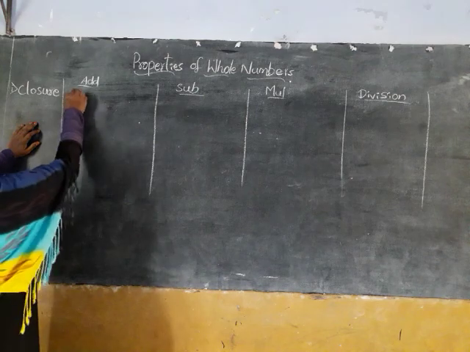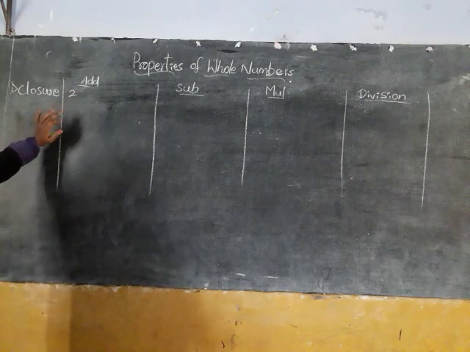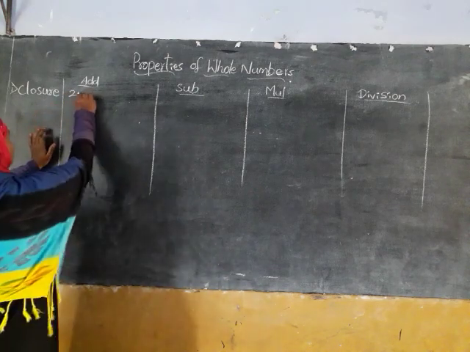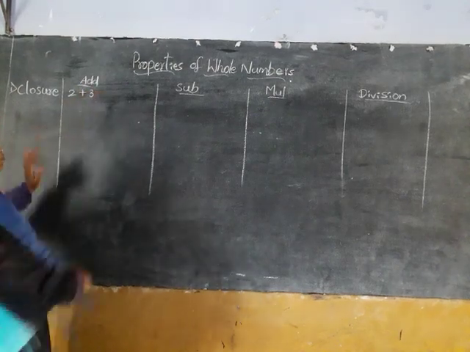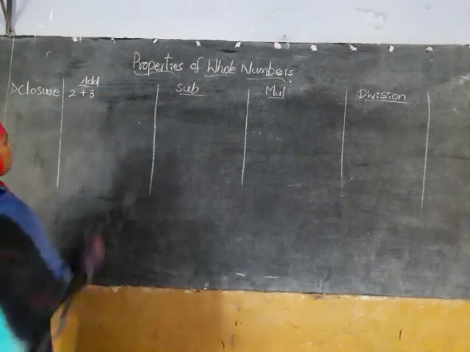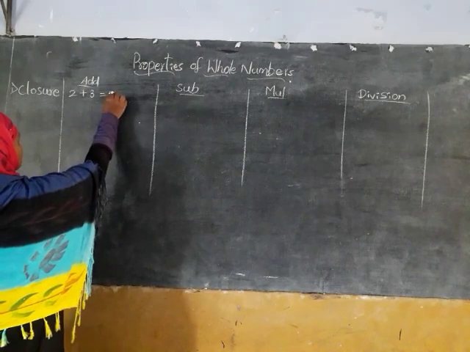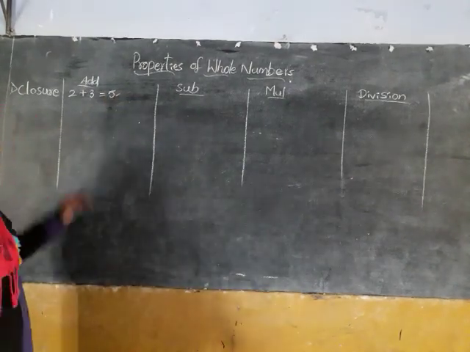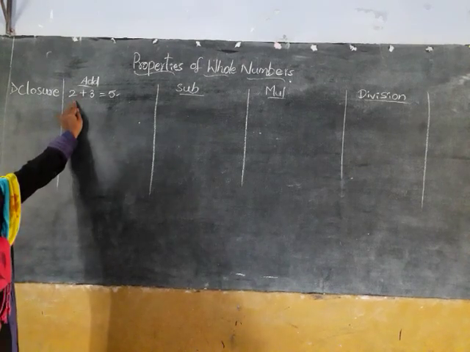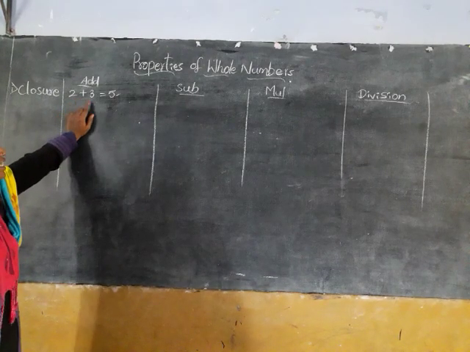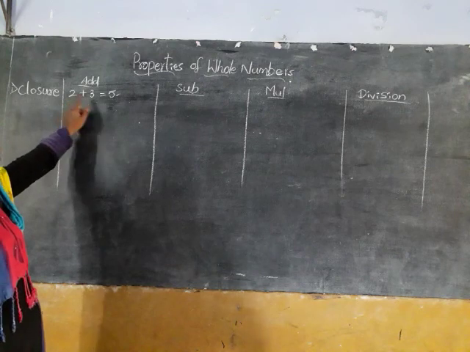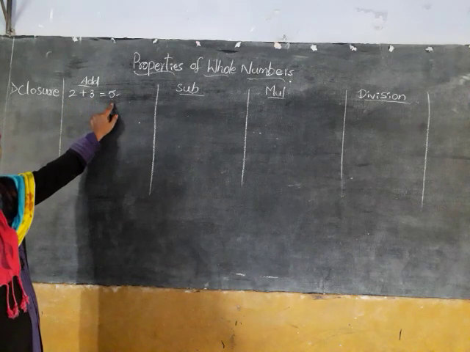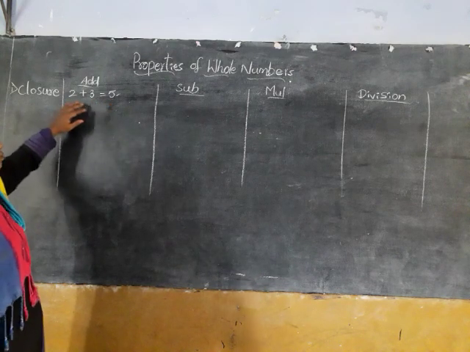Suppose we take the number 2, which is a whole number. Again take a number 3, also a whole number. Then 2 plus 3 equal to 5 is also a whole number, isn't it? 2 is in the set of whole numbers, 3 is also in the set, and 2 plus 3 equal to 5 is also in the set of whole numbers.